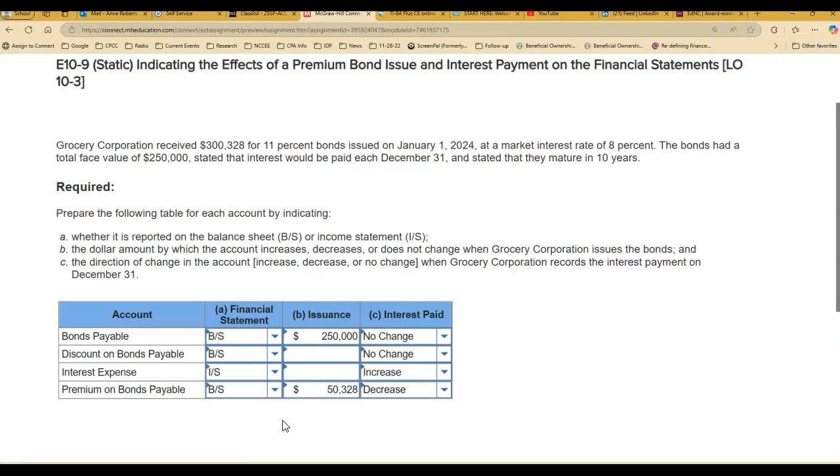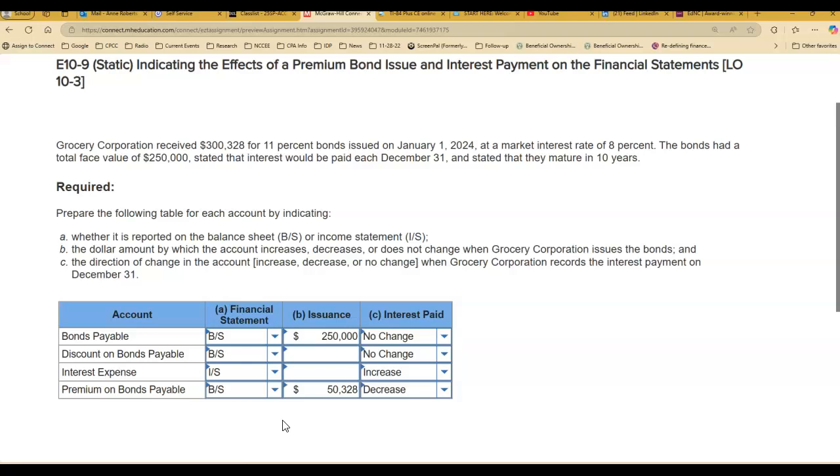Now again, right after this bond is issued, what's the carrying value? Good. It's the $300,328. It's both the bond payable and the premium on the bond payable, right? So right after it's issued, the carrying value is going to be the bonds plus the premium.